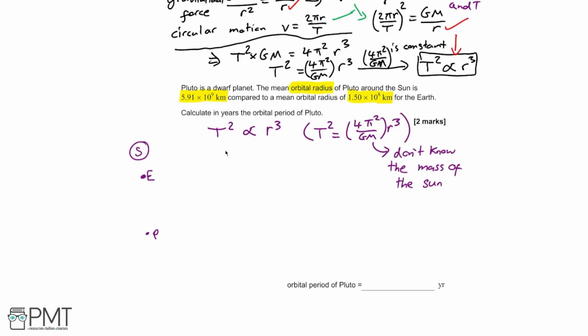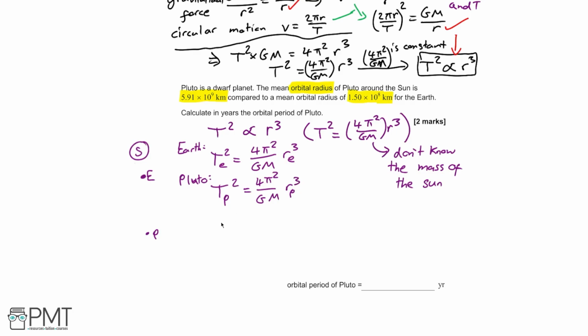To see this, we can consider this equation for the Earth versus this equation for Pluto. Earth has subscripts e, so Te squared is equal to 4π squared divided by GM, and this stuff is all the same, times Re cubed. So Re is the orbital radius of the Earth around the Sun. We also know that Tp for Pluto squared is given by the same equation, but with a subscript p on the r.